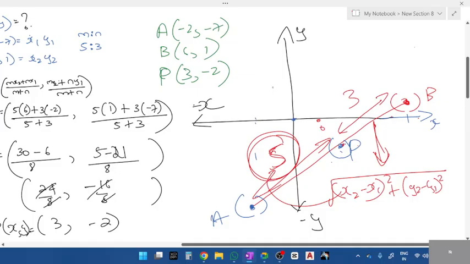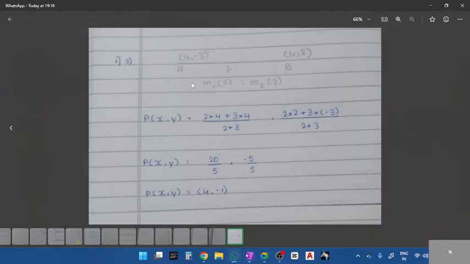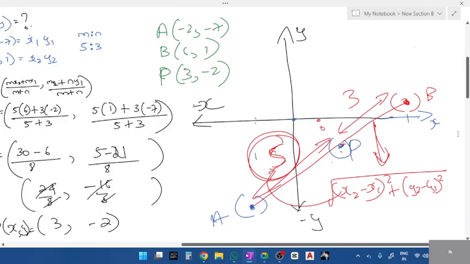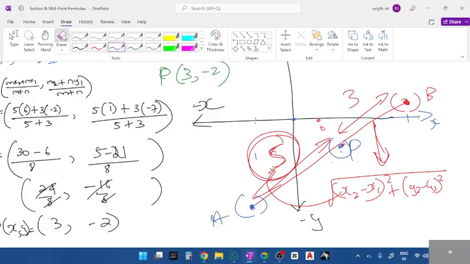If one is positive, the other one is negative, it should be in the... No, not second. Which is positive? According to the question which you have sent, Tanishka, which is positive? X is positive or Y? Y is negative. Where does that lie? X positive, Y negative.